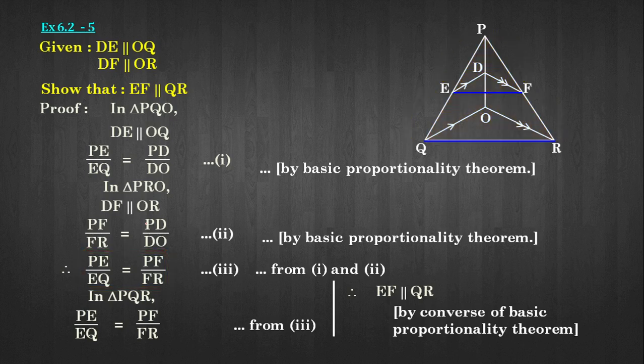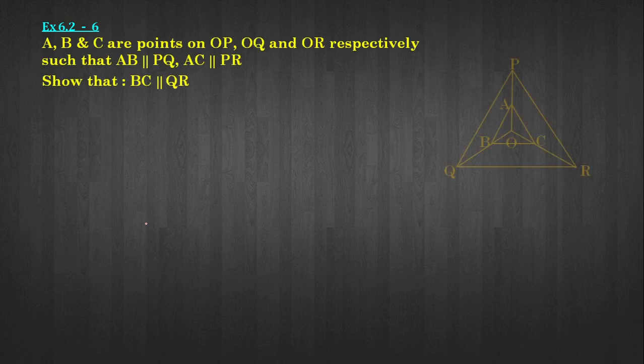Next question is: A, B and C are the points on OP, OQ and OR respectively, such that AB is parallel to PQ, then AC is parallel to PR.